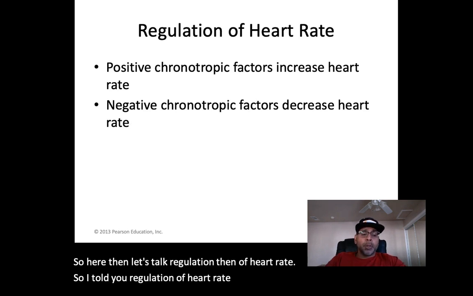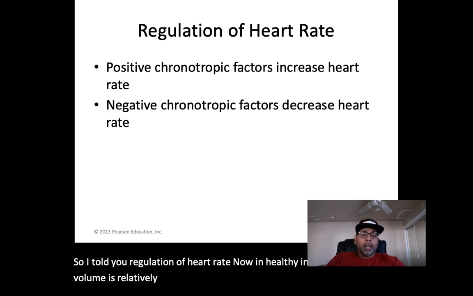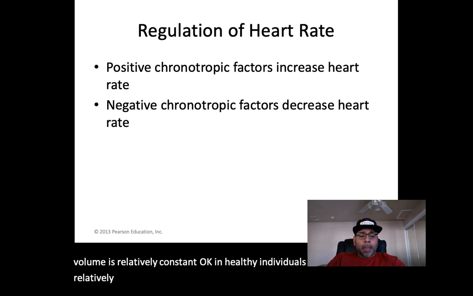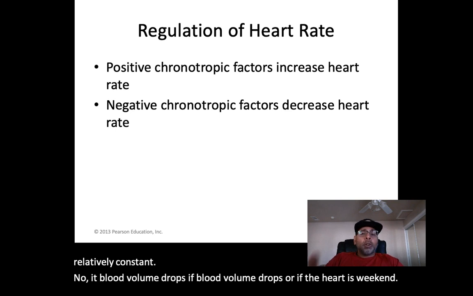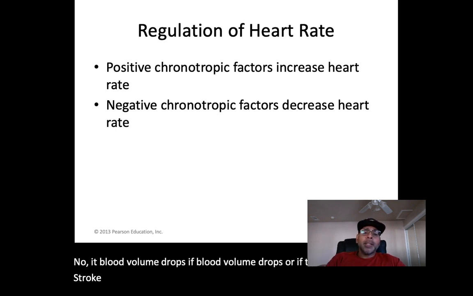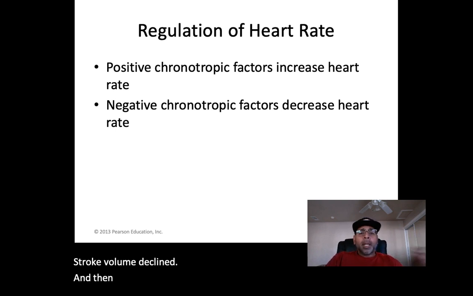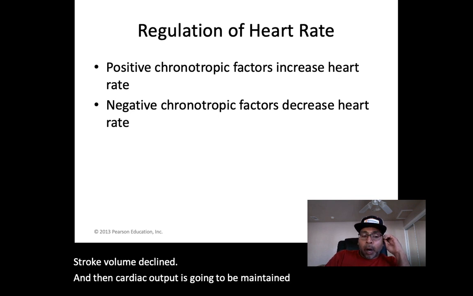Now in healthy individuals, stroke volume is relatively constant. Now if blood volume drops, or if the heart is weakened, stroke volume declines, and then cardiac output is going to be maintained by increasing heart rate and contractility.